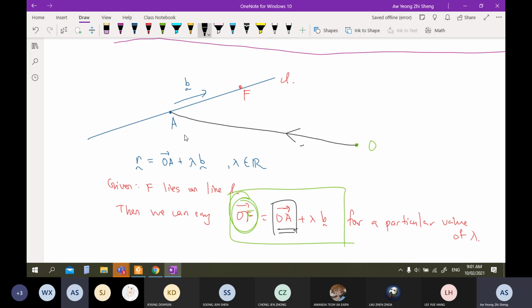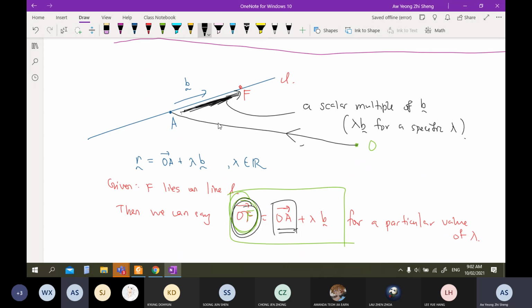Then followed by a scalar multiple of B. This very thick black vector is just a lengthened version of B, in other words, a scalar multiple of B, or lambda B for a specific lambda. That's why this makes sense. You can get from O to F by taking the path O to A followed by a lengthened version of B.